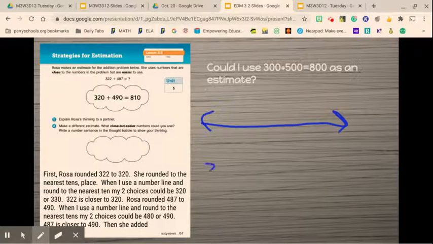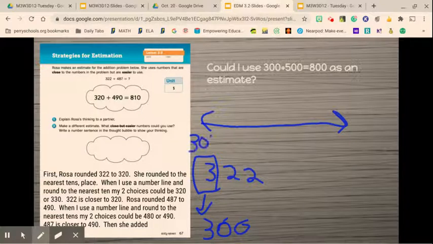So my number is 322. I'm rounding to the hundreds place. So that 3 is going to stay the same at 300. And then I want to have zeros for the rest of them. So I'm either going to have 300 or the next bigger 100, which would be 400.